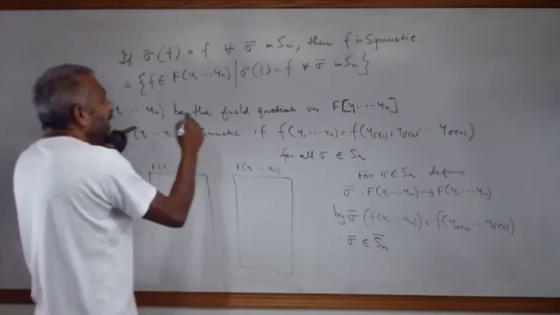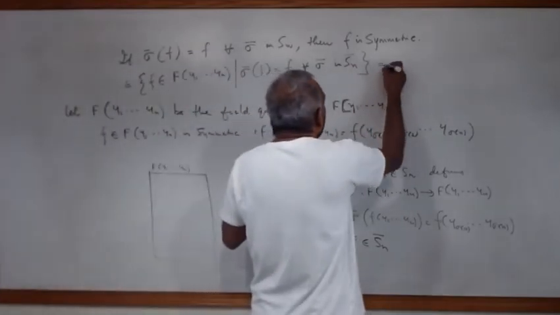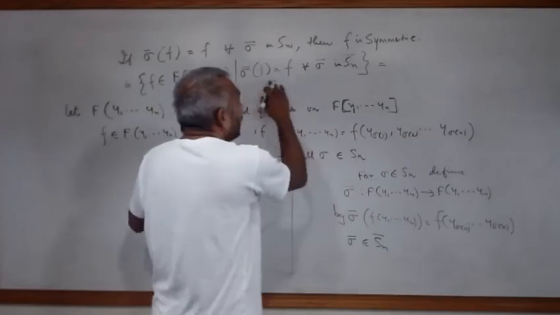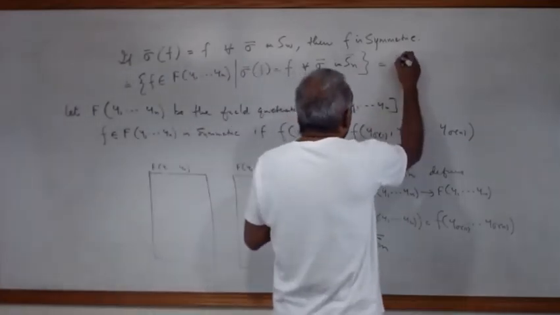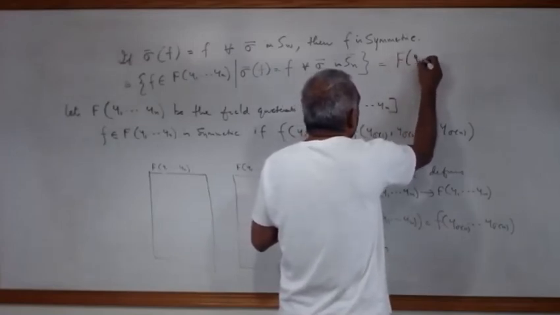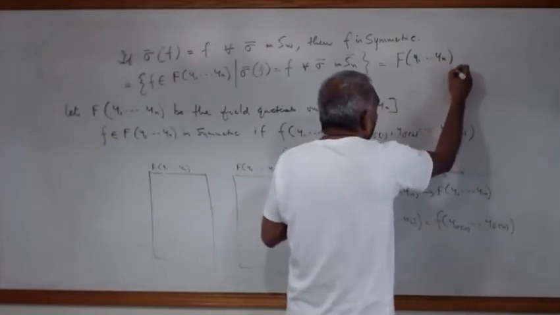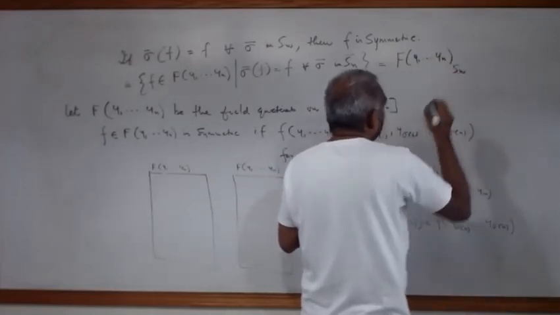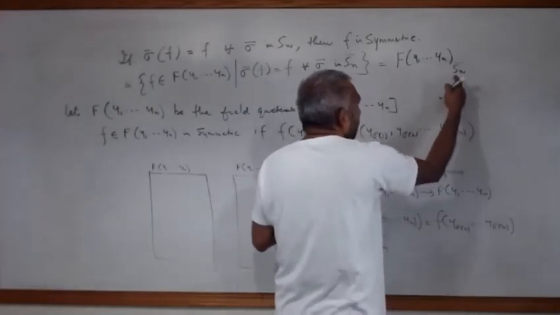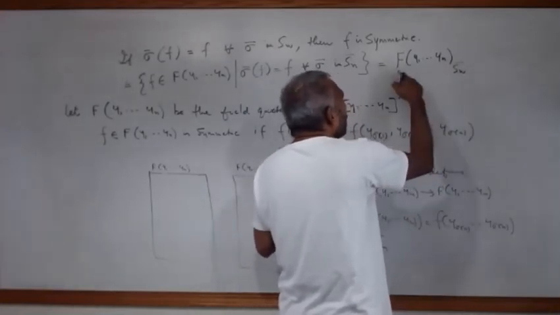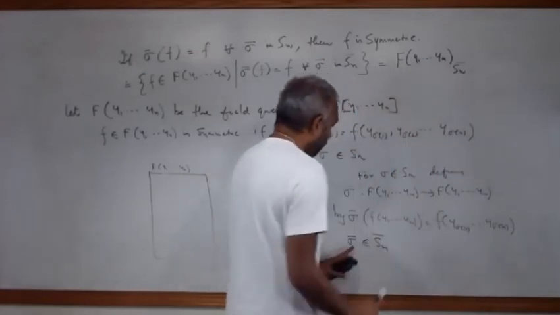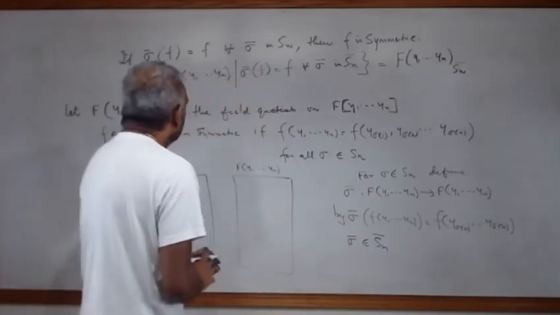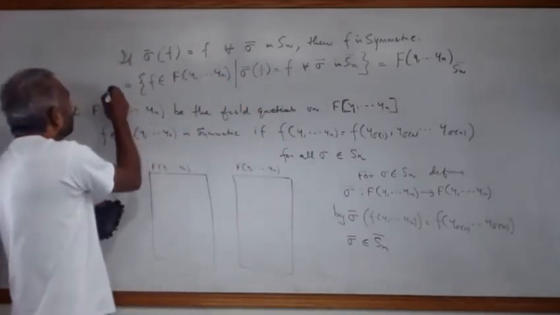This is actually the fixed field of Sn bar, written as F(y1, ..., yn) with Sn bar. Sn bars are automorphisms on F(y1, ..., yn) defined like this. So that is how we are going to define the symmetric functions.